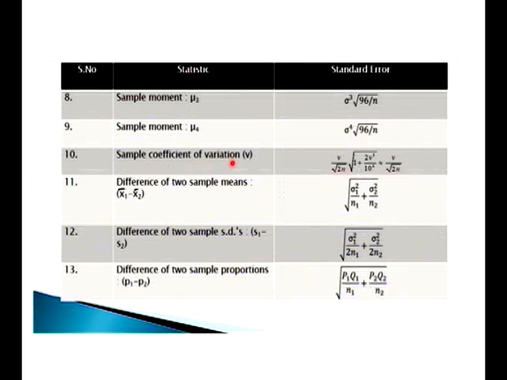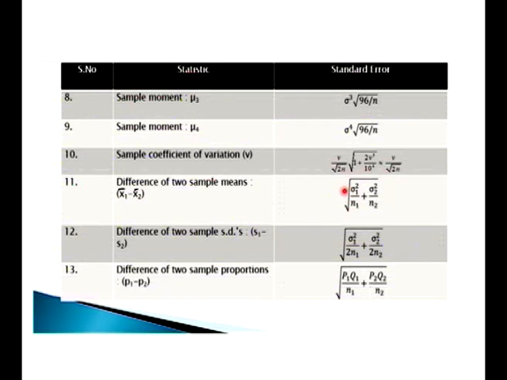Sample coefficient of variation nu is equal to standard error nu divided by root of n into root of 1 plus 2 nu cube by 10 power 4, which is approximately equal to nu divided by root of 2n.